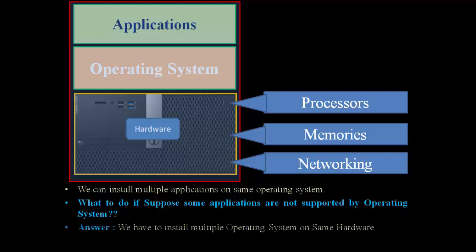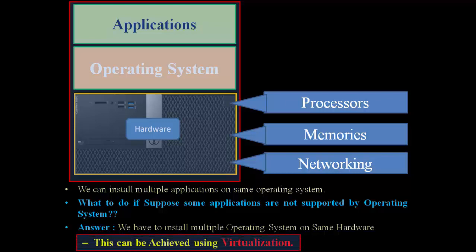The answer is we have to install another operating system on the same hardware. But how is it possible? It is possible by using virtualization. Virtualization is the basic concept where we can install multiple operating systems on the same hardware. This is the need of virtualization.